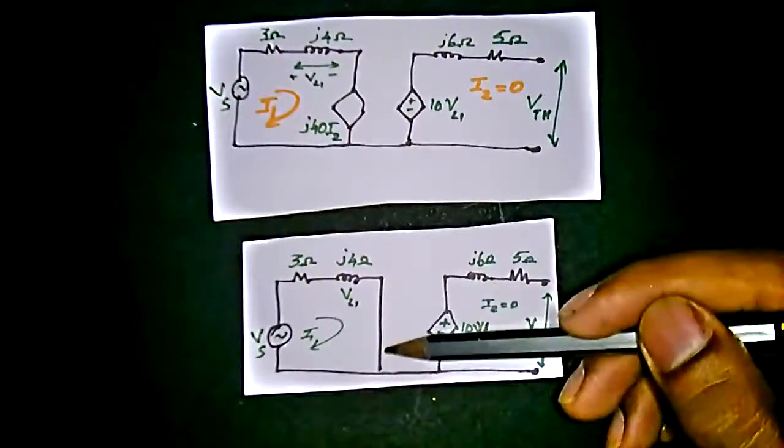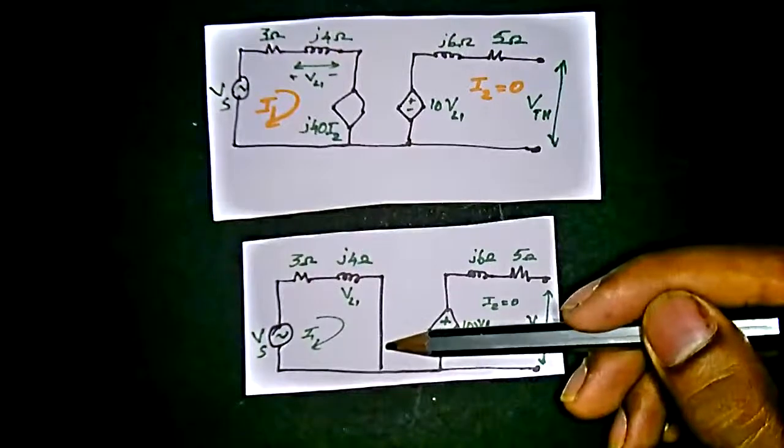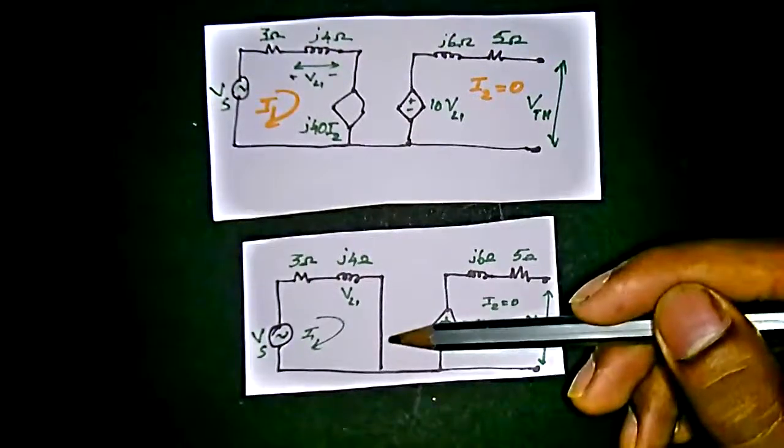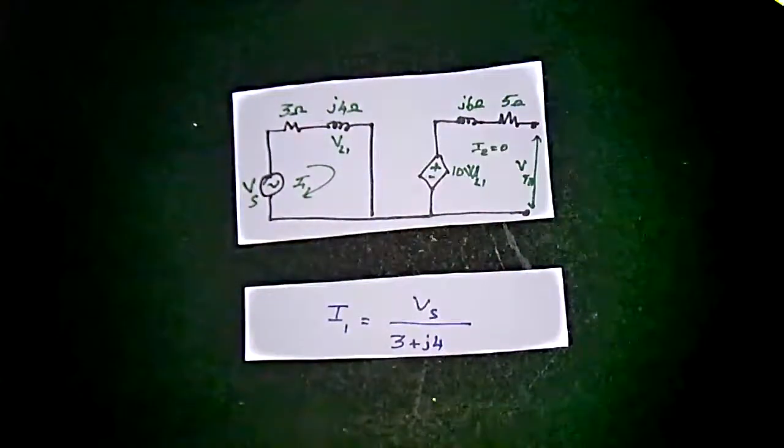This current is 0, so this voltage drop is equal to 0, and we get a shorted circuit. Here we have I1. We cannot go for KVL, because everything is in series, so we directly apply V by R, that is, Ohm's law.